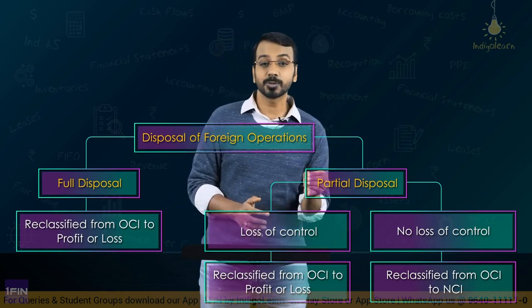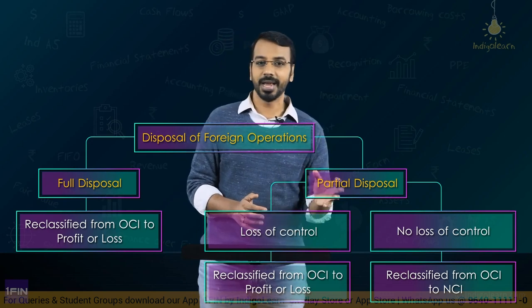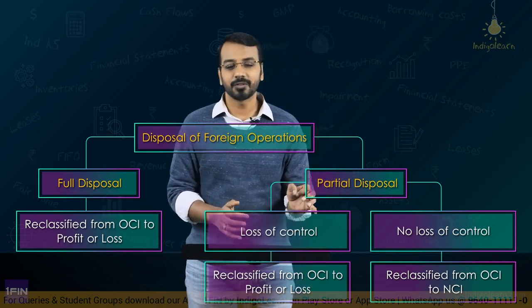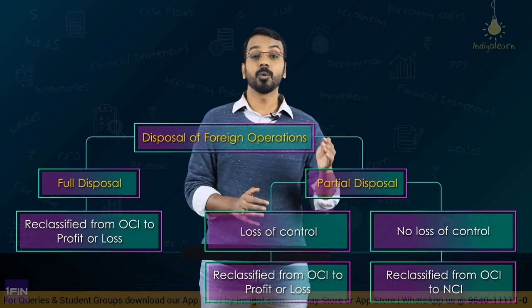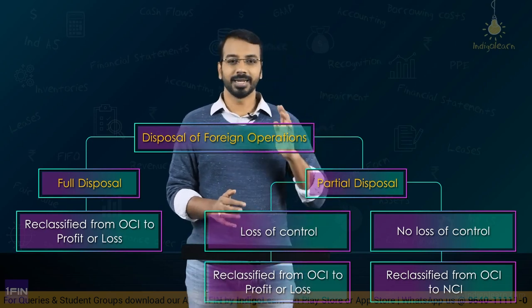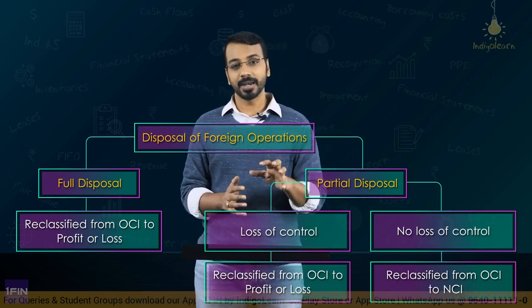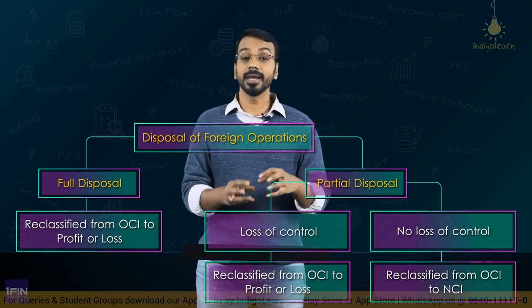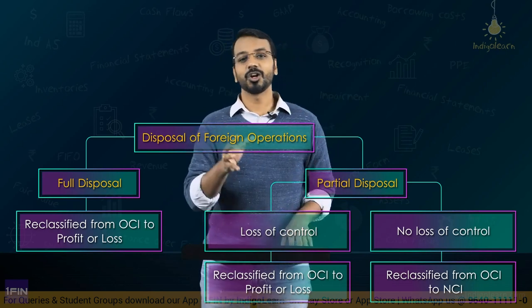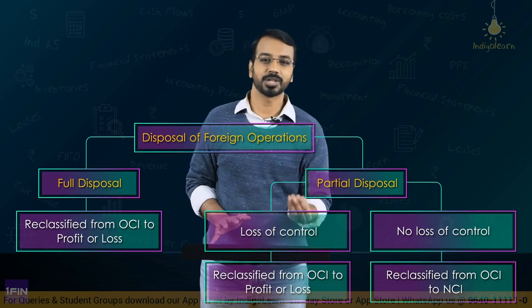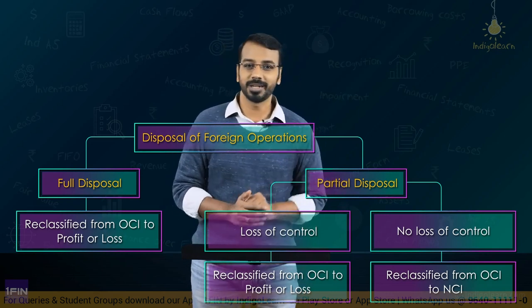So, you will transfer the FCTR balance from the OCI to P&L because there is a loss of control. Similarly, if there is a partial disposal of a joint arrangement or an associate, even in that case, you will transfer the proportionate amount from the OCI to the P&L, right? That is the second aspect. Then, the third aspect is where there is a disposal but control is not lost, meaning you have sold off some shares but the control over the subsidiary is not lost.